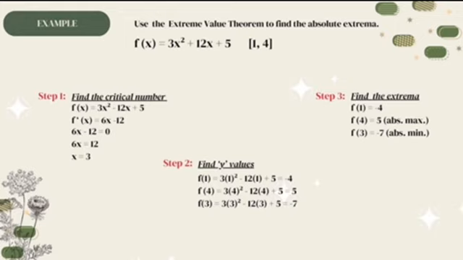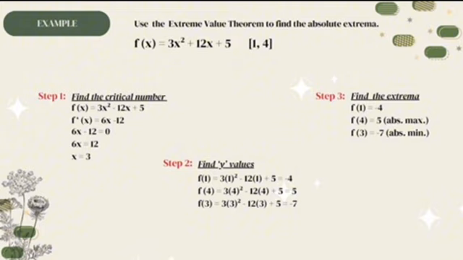All we have to do is to set the first derivative equal to 0. We substitute f of x equal to 3x squared minus 12x plus 5, and it will be f prime of x is equal to 6x minus 12.